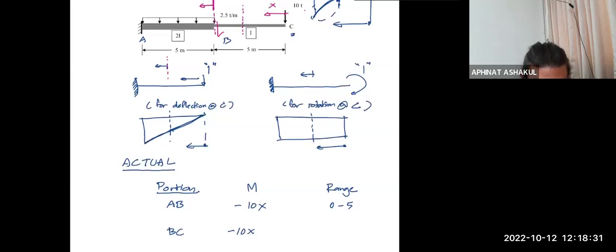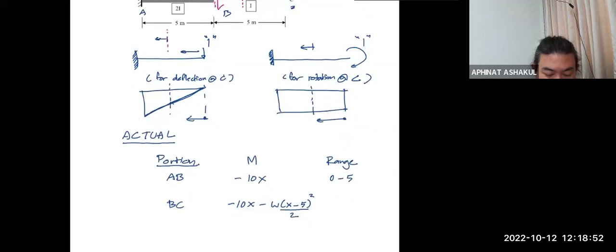And then minus my W. But this time, the length of W is x minus 5, and its moment arm is x minus 5 over 2. So it's like this: (x minus 5) squared over 2. And the range this time becomes from 5 to 10.